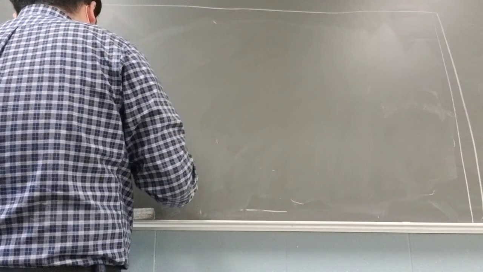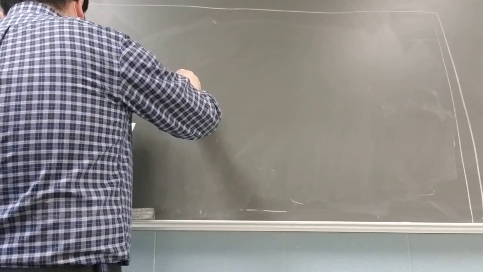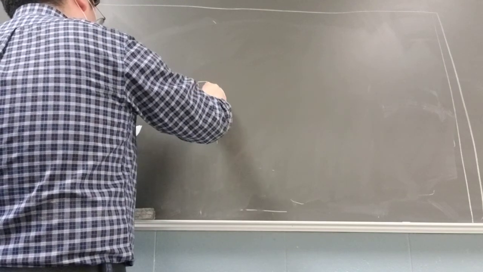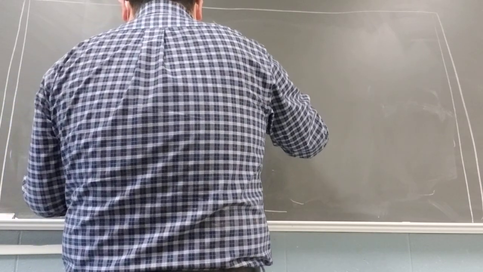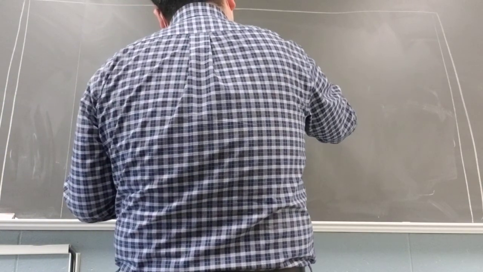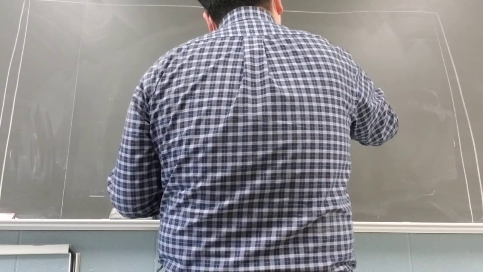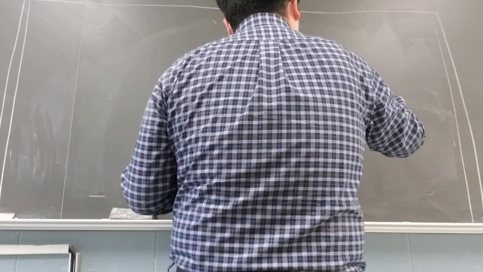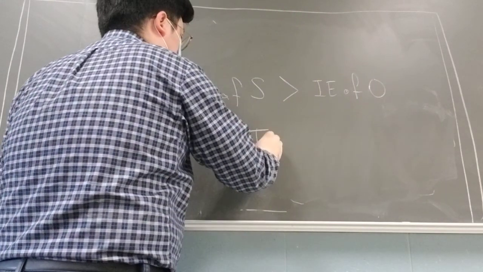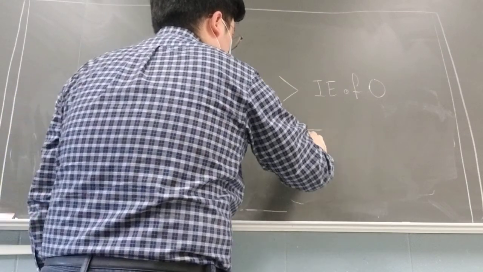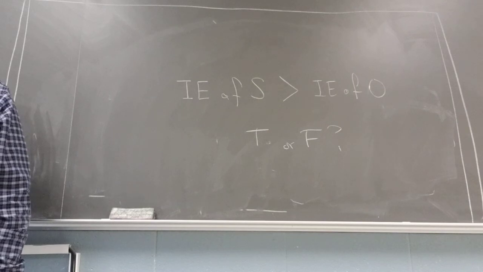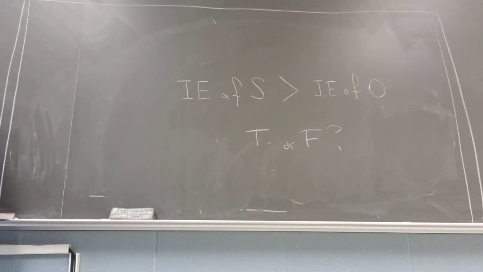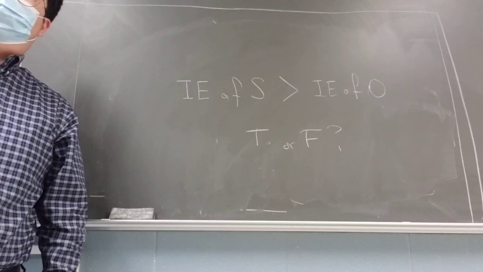Okay, so. Ionization energy of sulfur is greater than ionization energy of oxygen. Okay? True or false? So look at the periodic table. You need to remember the general trend of ionization energy, which will be totally opposite to the atomic size trend.